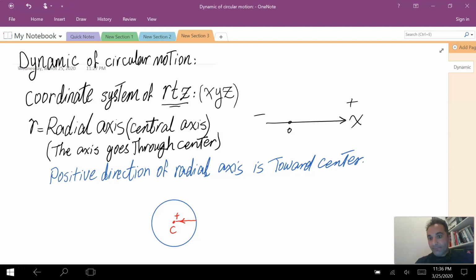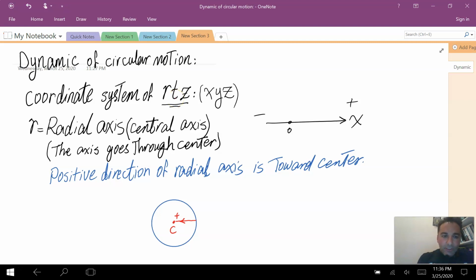Do not forget this. Here on the x-axis in chapters 2, 3, 4, anything to the right is positive and to the left is negative. In circular motion, anything toward the center is positive. Keep it, this is very important. So that is called the radial axis.